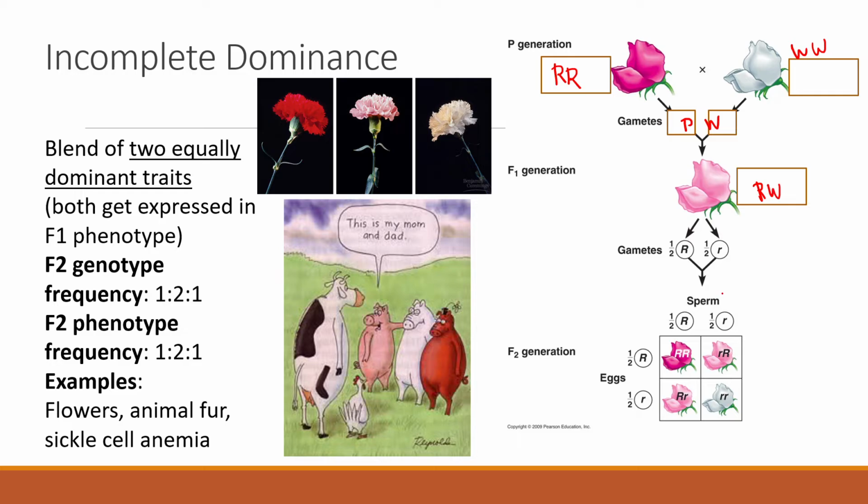One is not dominant to the other, they're blended. I don't really like how one of the books has shown it this way. I prefer to have big R, big W, big R, big W, and these are two W's. They're not recessive. Notice that the ratio here is a 1 to 2 to 1 ratio.